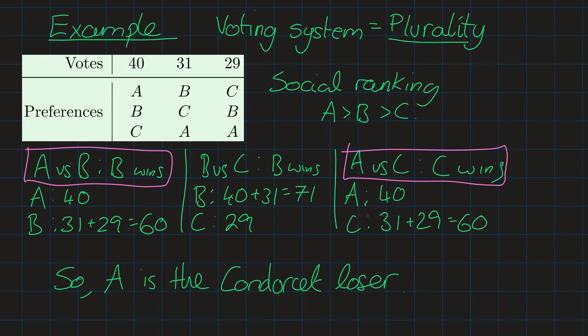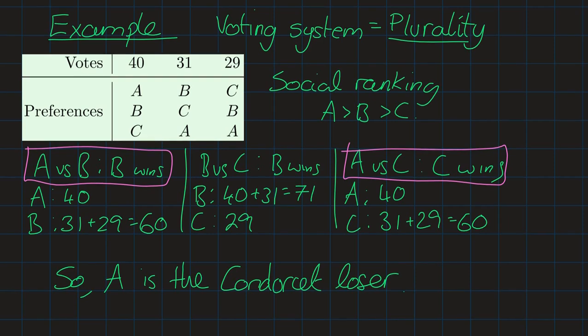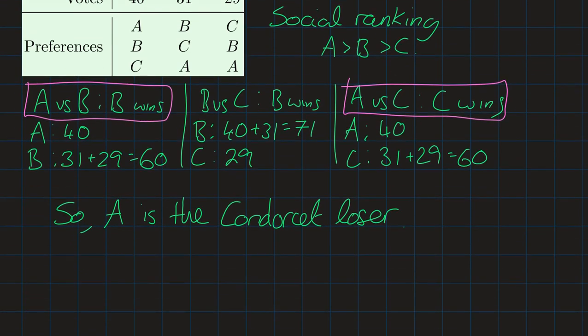Okay, A is the Condorcet loser, but A comes in first place under the plurality voting system. So even though A would lose every head-to-head runoff, it would lose if it went head-to-head against B, and if it went head-to-head against C, it still comes in first place overall under the plurality voting system. So what does this mean?